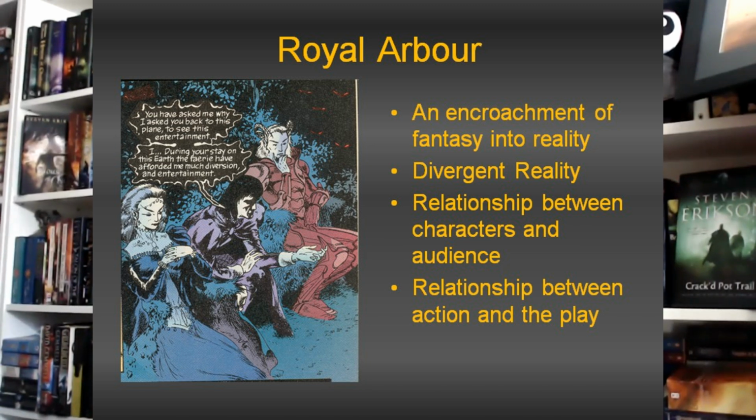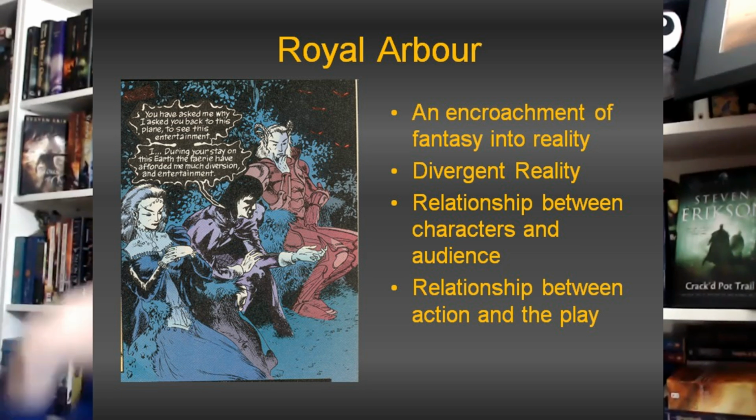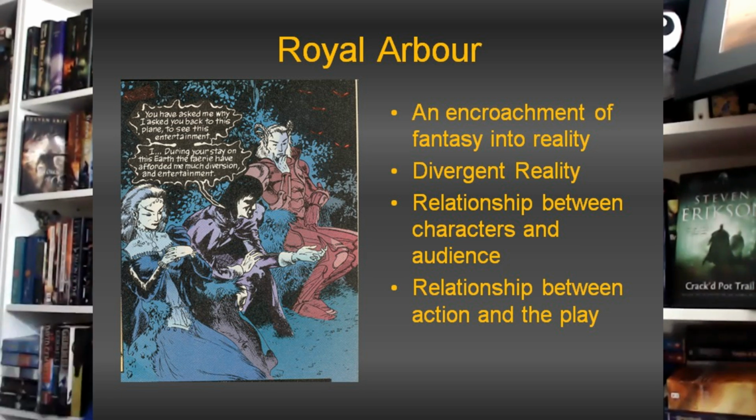Not only by the correlation between the characters on stage and the actual royals, but we must also consider the fact that the action on stage is mimicked in certain respects by the actions of Dream, Oberon, and Titania, as the play contains scenes of royalty watching a play put on by commoners, just as Dream, Oberon, and Titania are royalty watching a play put on by commoners.